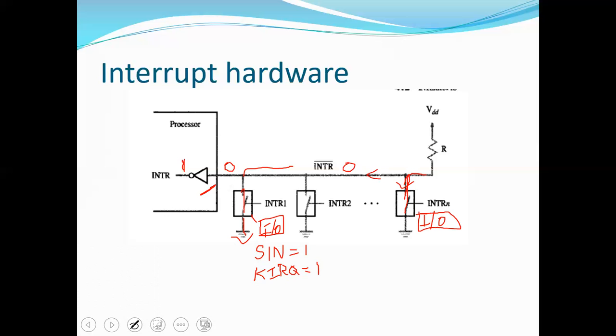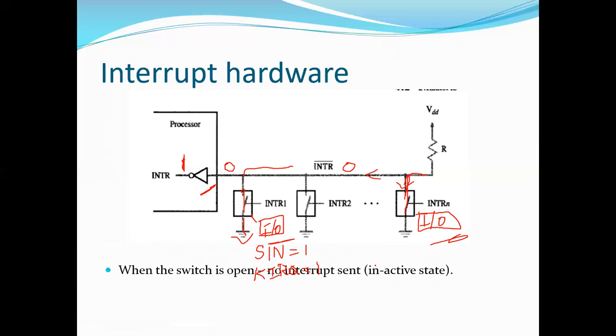And finally the value which is passed is 1. Now two devices have sent an interrupt to the processor. How will the processor know which device has sent the interrupt? We'll see that in the next topics.